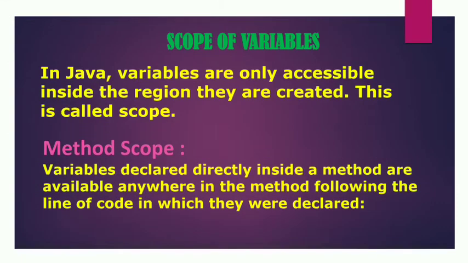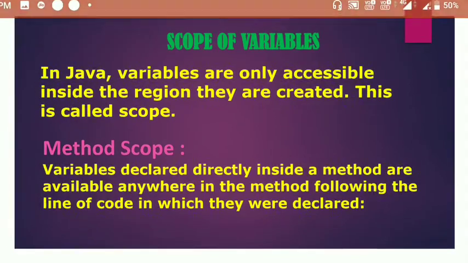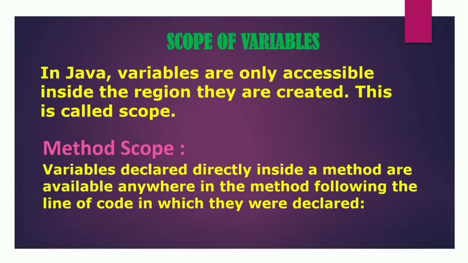Method scope. Variables declared directly inside a method are available anywhere in the method following the line of code in which they were declared. So if a variable is declared within a method or function, that particular variable can be used within that method or function.